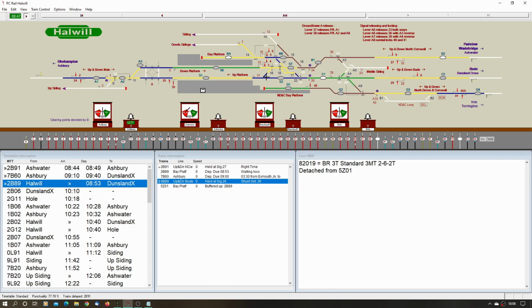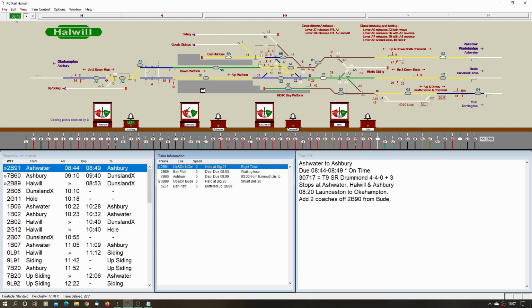Right, I also need 16 reversing, so I need 19 unlocked, so I'll put 19 back. There's 16, and I think we can, yeah, we can relock everything up. Right, that's all ready to go into there. I need the running line dummy 34, and then finally clear 27. And let this one in.